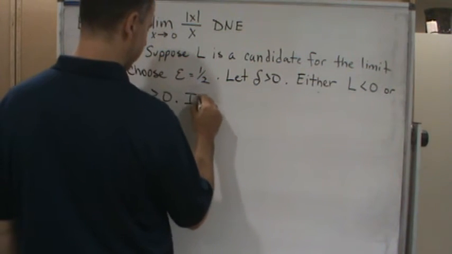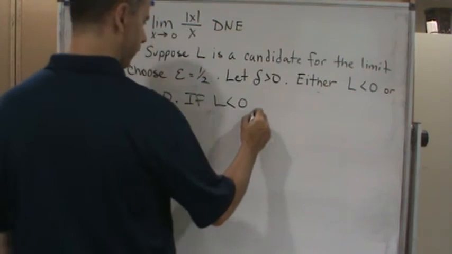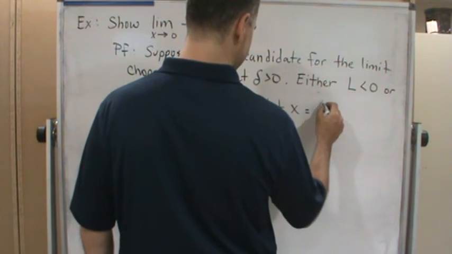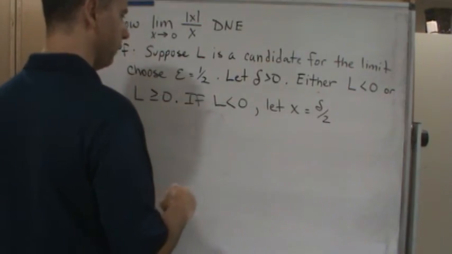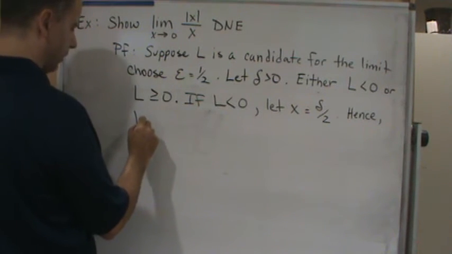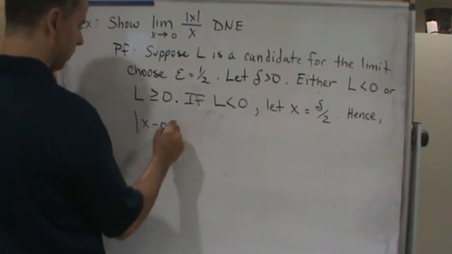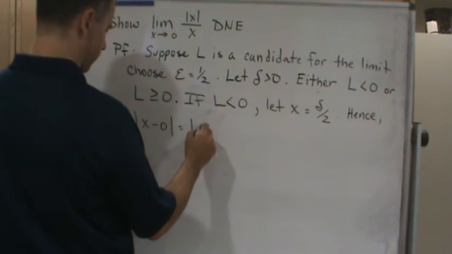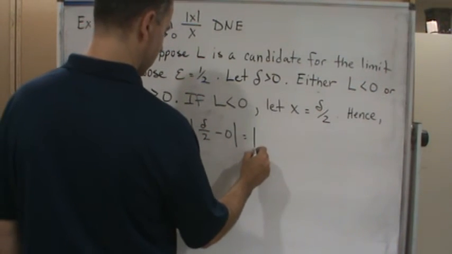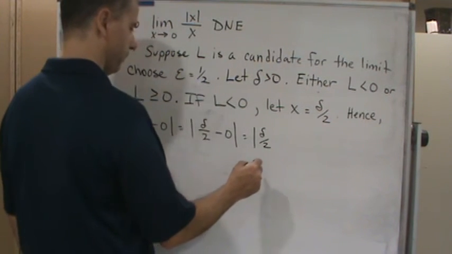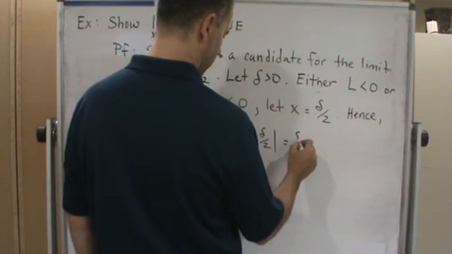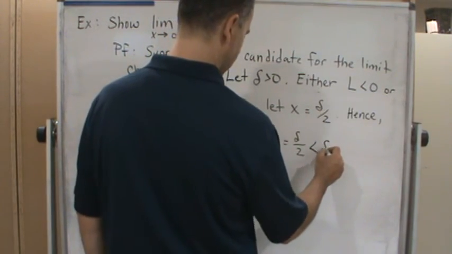So now, if L is less than 0, let x equal positive delta over 2, and hence the absolute value of x minus 0 equals the absolute value of delta over 2 minus 0, which equals the absolute value of delta over 2, which obviously is equal to delta over 2, which is less than delta.